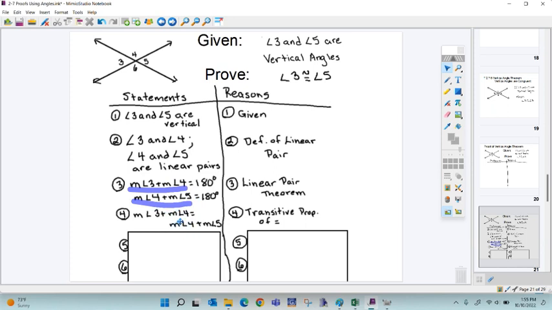If I were to take away the measure of angle 4, however many degrees that is, even if I don't know the number, then I would be left with just 3 and 5. So I'm going to take away that measure of angle 4 from both sides and get measure of angle 3 plus measure of angle 5. Now, if you write down that's because of the subtraction property of equality, that is perfectly fine with me.